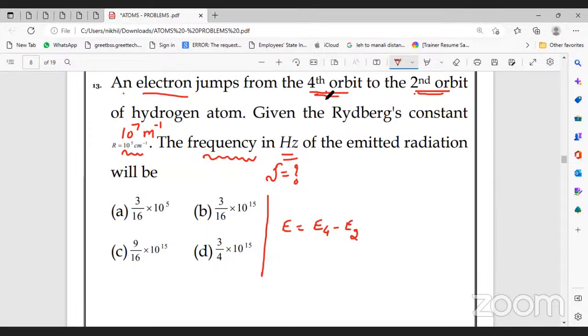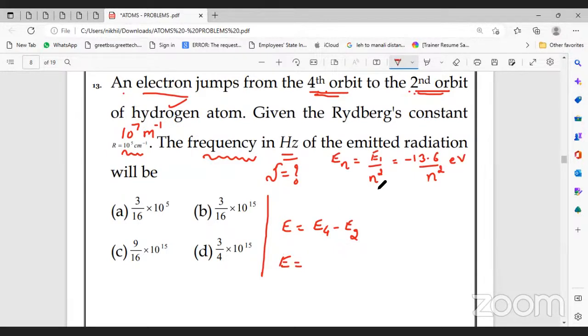This is a hydrogen atom, right? The energy in the nth orbit is given by the formula E1 divided by n squared, or you can take minus 13.6 divided by n squared electron volt.